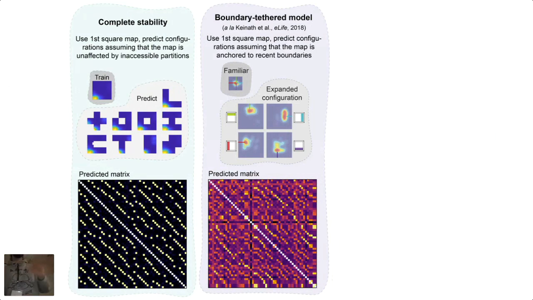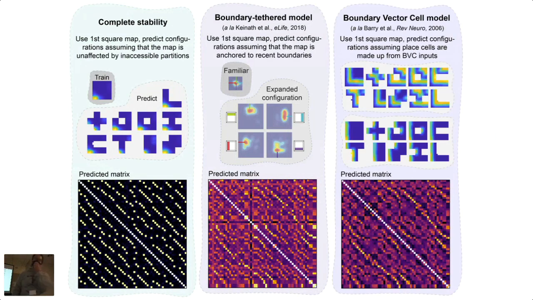But there are other boundary-based models, like ones based on these funky cells called boundary vector cells. These are cells that fire at a certain distance from a boundary. They exist in the subiculum, for example, in hippocampus. They fire at a certain distance as an animal is running in a certain direction.